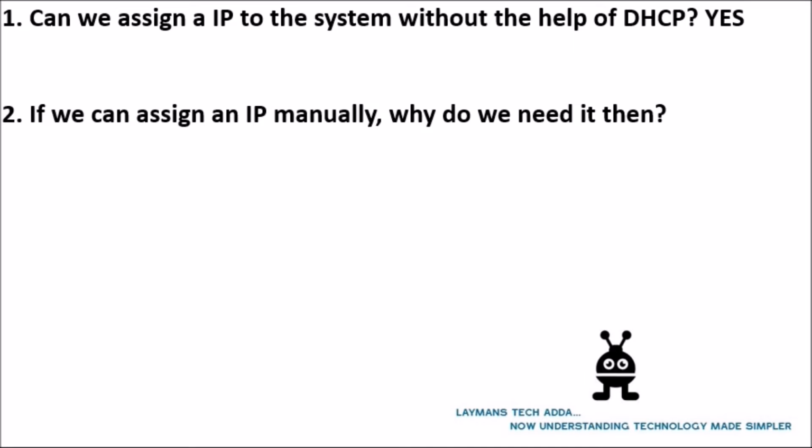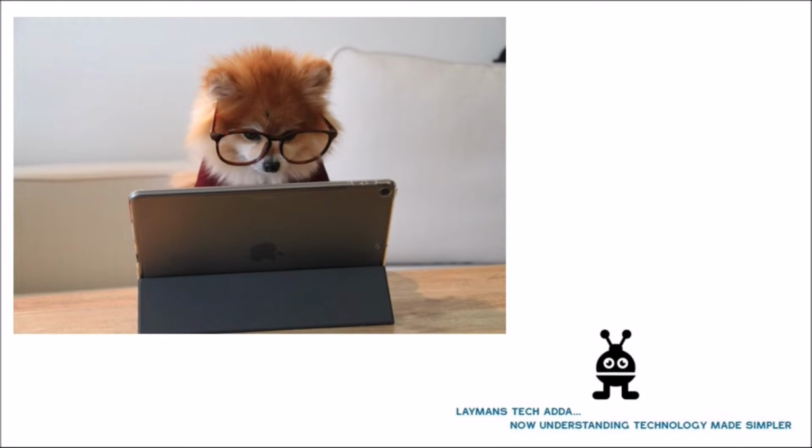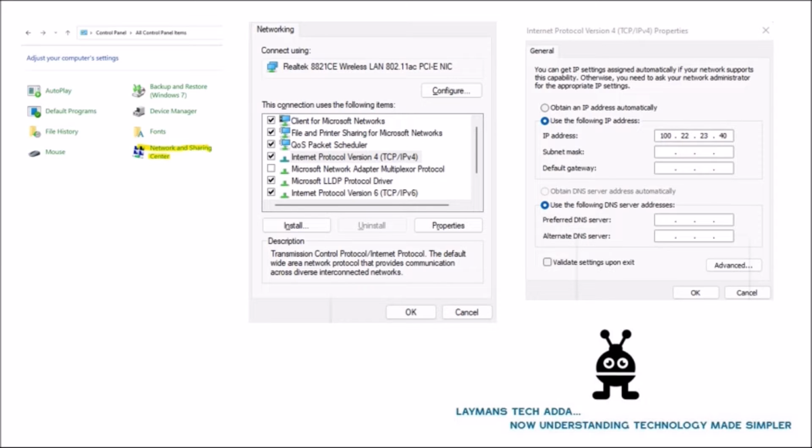So let's say you have a computer and you want to manually assign an IP to the computer. You can just go to the system network settings, network adapter properties, TCP/IPv4 properties, and you can assign it manually.